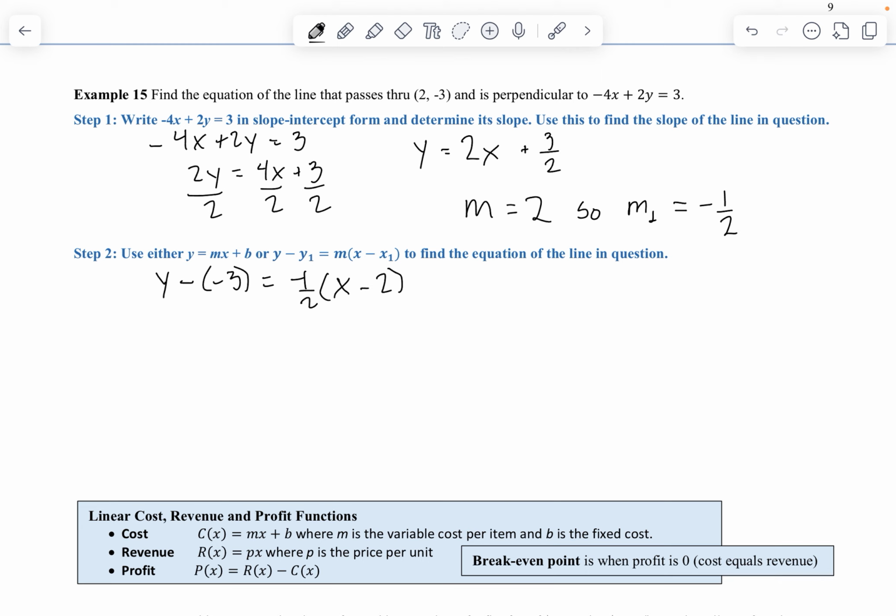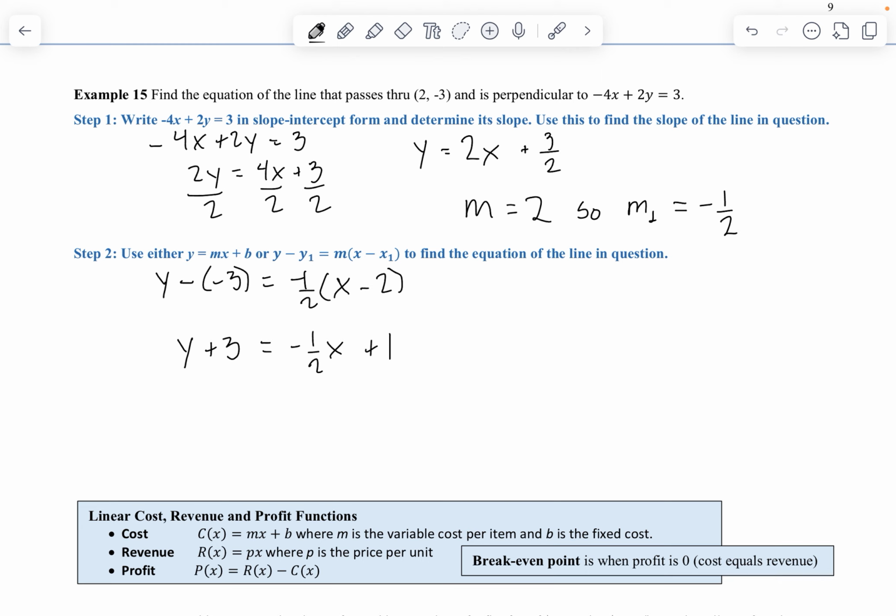And I want to solve this. Y minus negative 3, that's the same thing as y + 3. So I'll rewrite that as y + 3. Over on the right, I will distribute the negative 1 half. That gives me negative 1 half x, and then negative 1 half times negative 2 is actually plus 1.